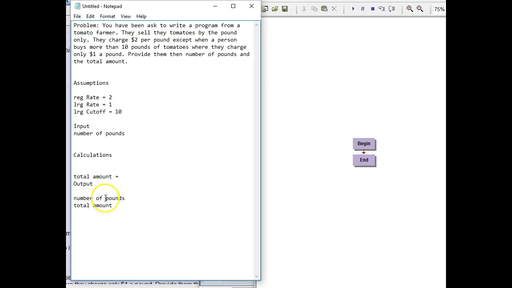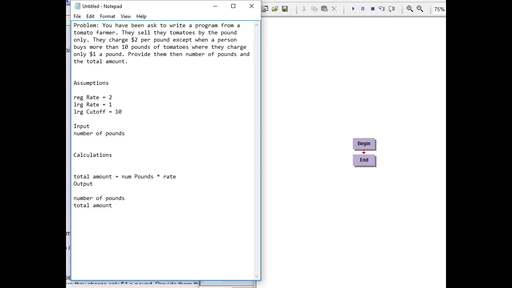I have my output, and I have what calculations I need, and one of my inputs. So great. The next thing I'm going to have to do is figure out what this math is. So the math is going to be the number of pounds times whatever the rate is, and there's two different rates. So I'm just going to make it generic. I'm going to say num pounds. That represents the number of pounds, and I'm going to multiply that by rate.